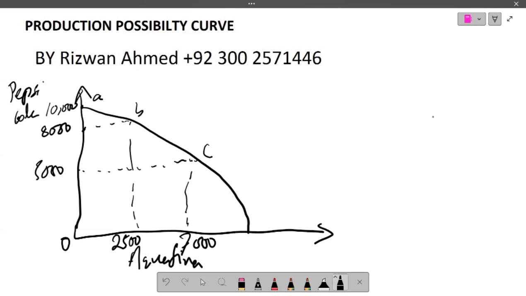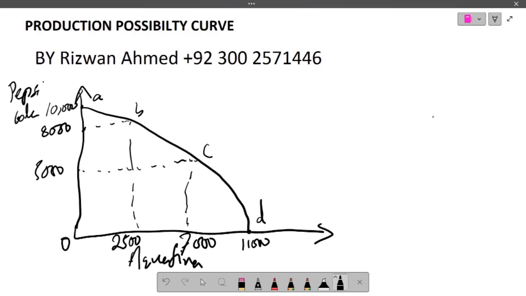At last, it is a possibility that the company leaves the production of Pepsi Cola and reaches point D. At this point, they might produce 11,000 units of Aquafina.